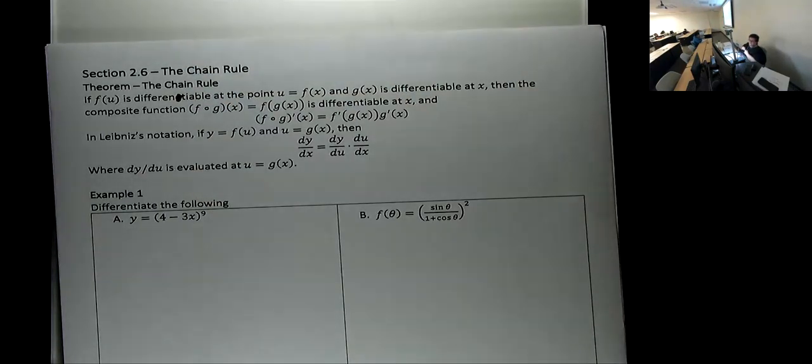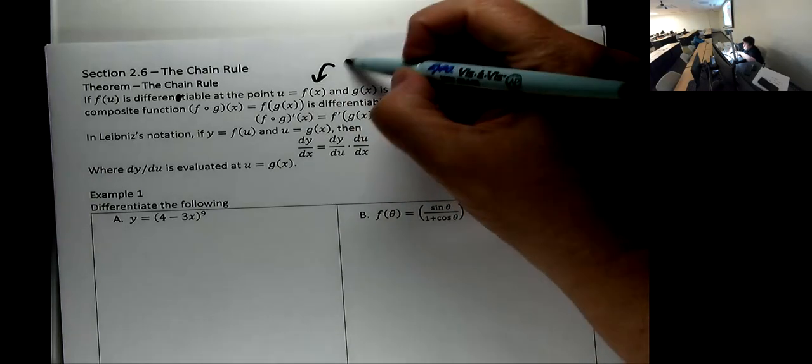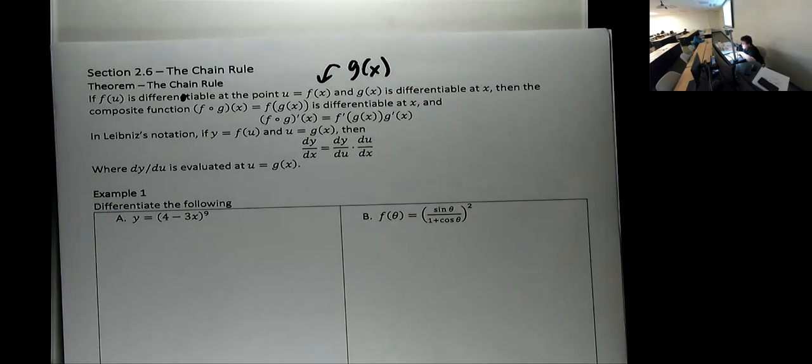If f of u is differentiable at the point u equals g of x, and g of x is differentiable at x, then the composite function f of g of x is differentiable at x. This looks funny. That should say u equals g of x. That's a typo.